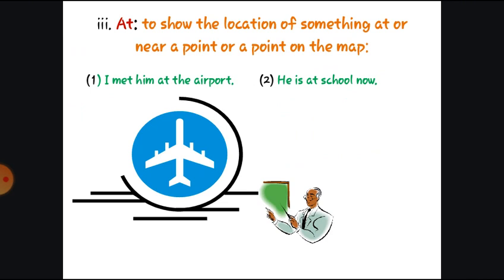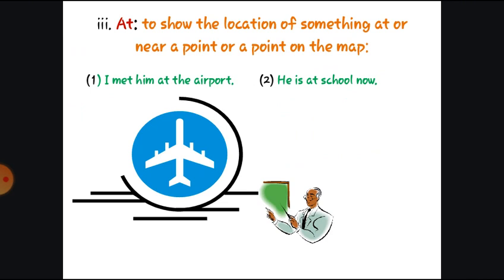So now again, another picture you can see. Even in your book the picture is there, and on the screen you can also see one picture here, and this picture is about at as a preposition. So two sentences are given here.